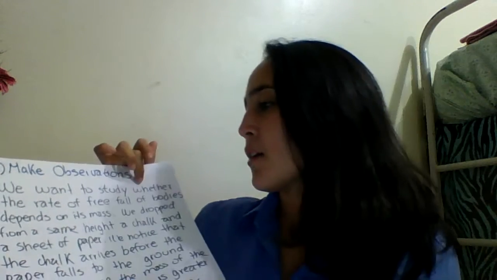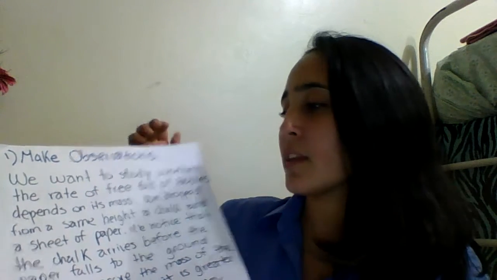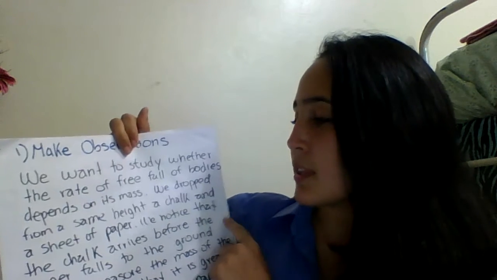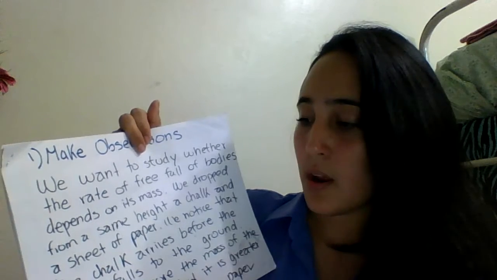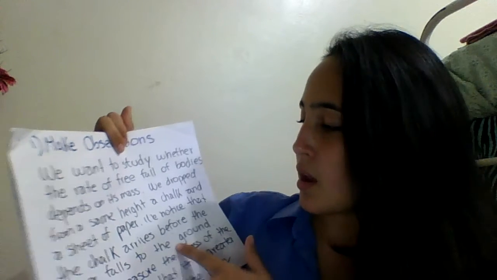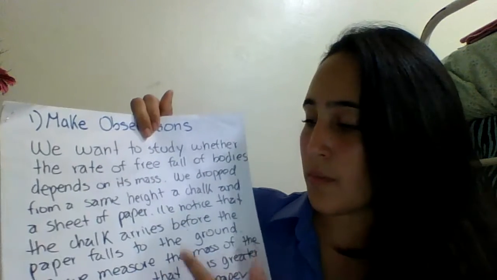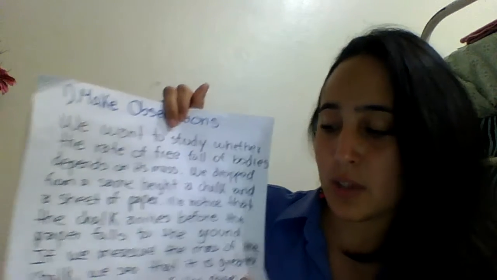We dropped a chalk and a sheet of paper from a semi-height. We notice that the chalk arrives before the paper falls to the ground. If we measure the mass of the chalk, we see that it is greater than the mass of the paper.